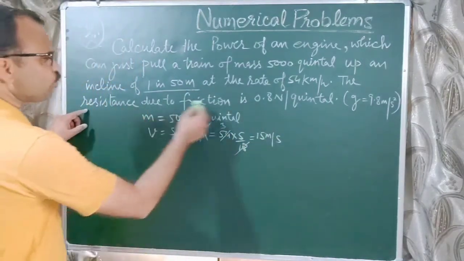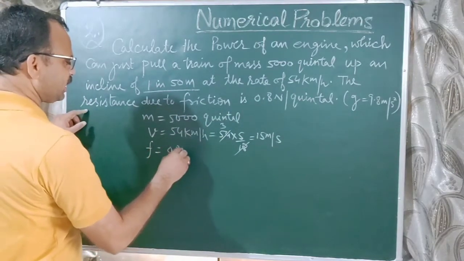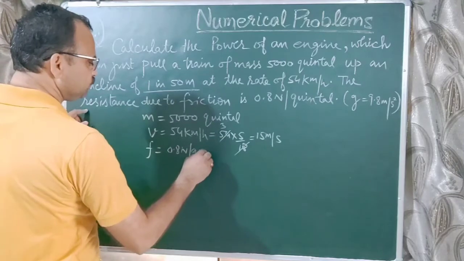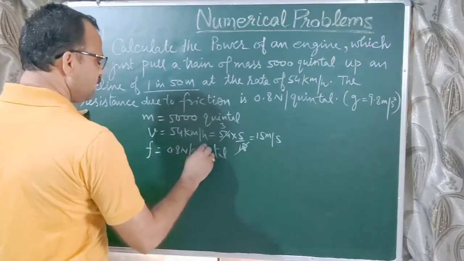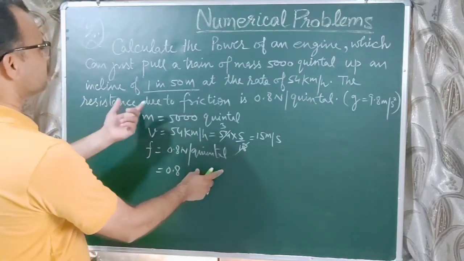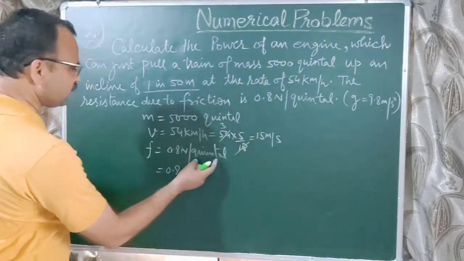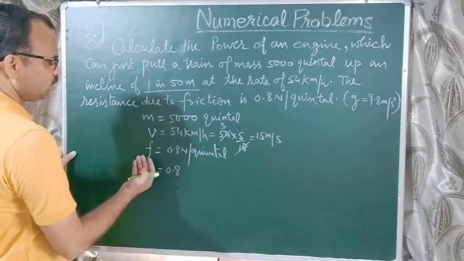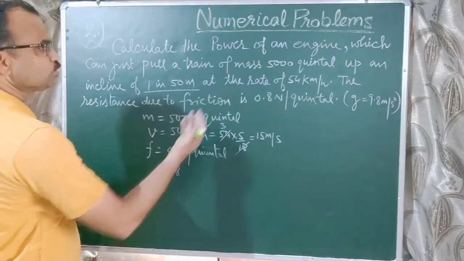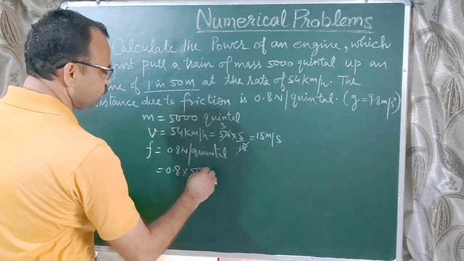And the resistance due to friction, means the frictional force, is given as 0.8 Newton per quintal. It means 0.8, and the total mass of the train is 5000 quintal, so we multiply by 5000.